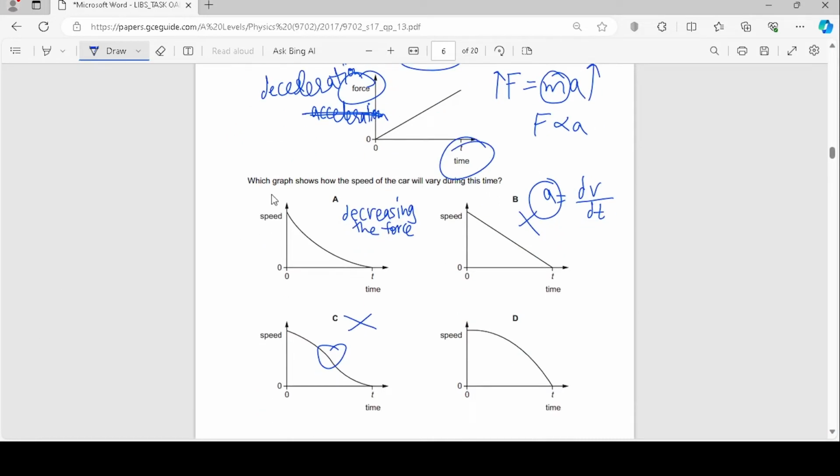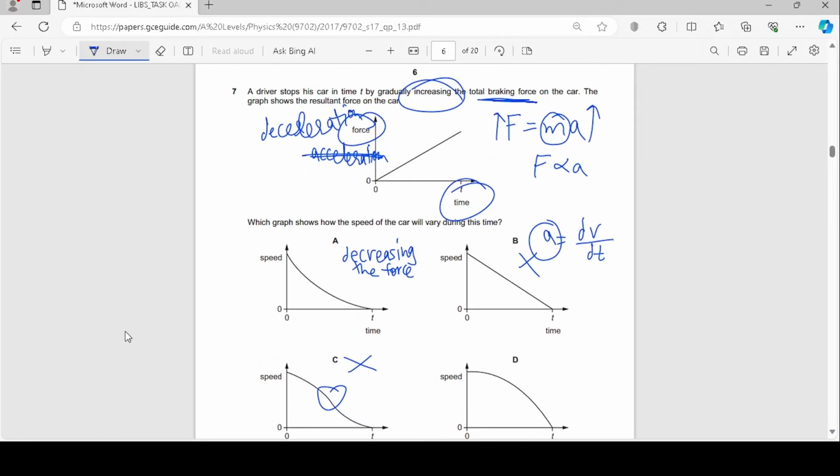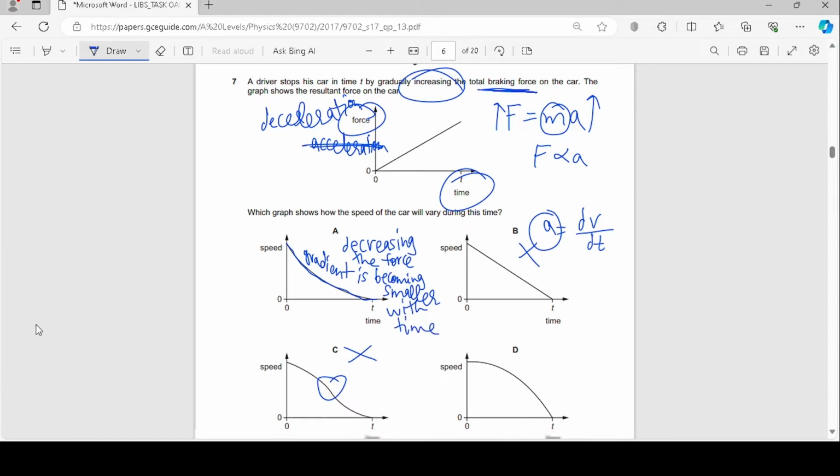A would imply that he's decreasing the total braking force in the car, because you can see that the gradient with time is approaching zero, becoming smaller. So the gradient is becoming smaller with time in A, which is the opposite of the trend we want. So this implies that he's decreasing the total braking force of that car with time.